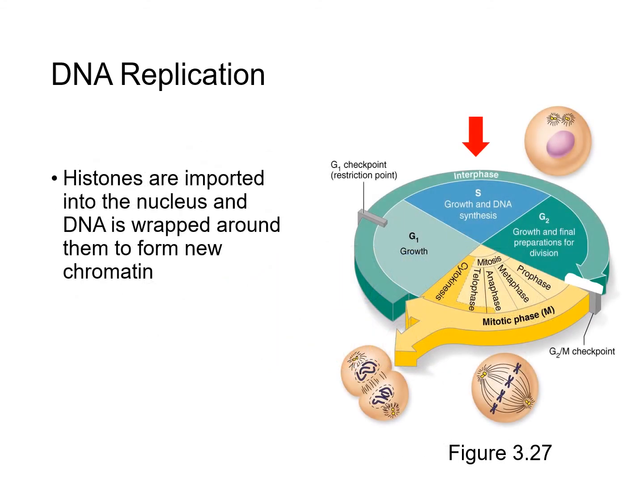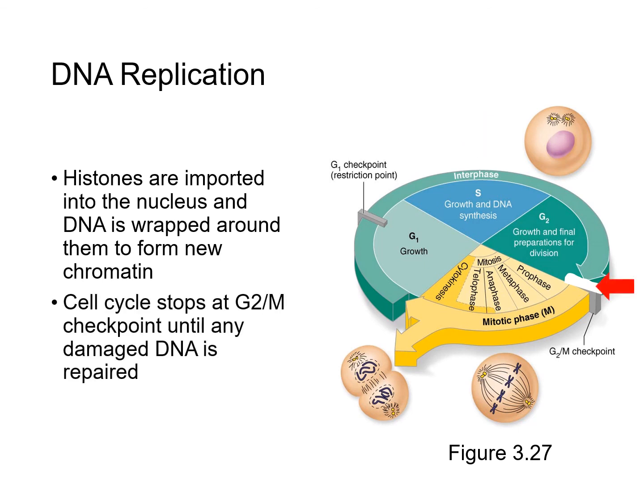With the DNA now fully replicated, histone proteins which were synthesized at ribosomes in the cytoplasm are imported into the nucleus, and the DNA is wrapped around them to form new chromatin. The cell then moves into the gap 2 phase and makes final preparation for cell division.